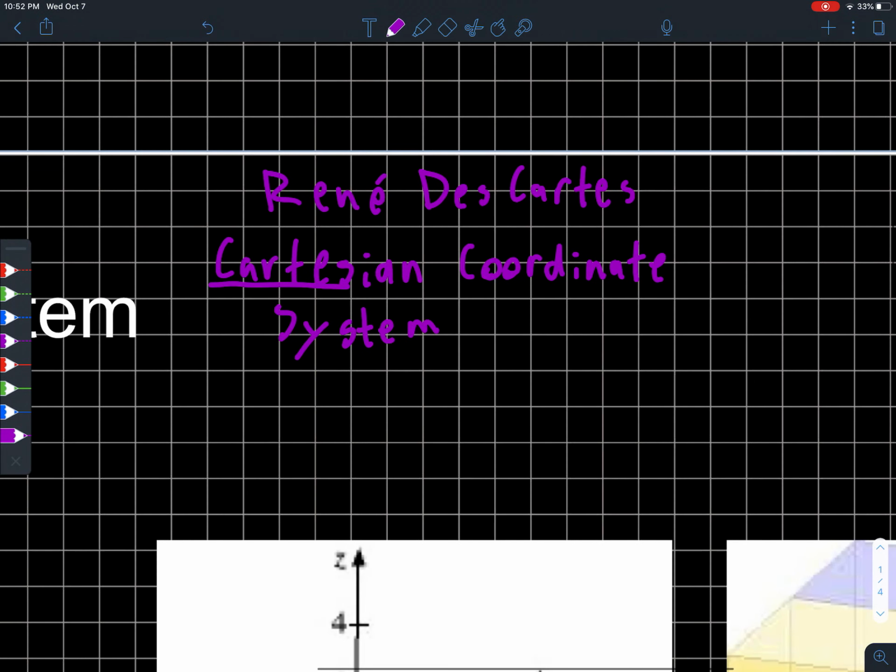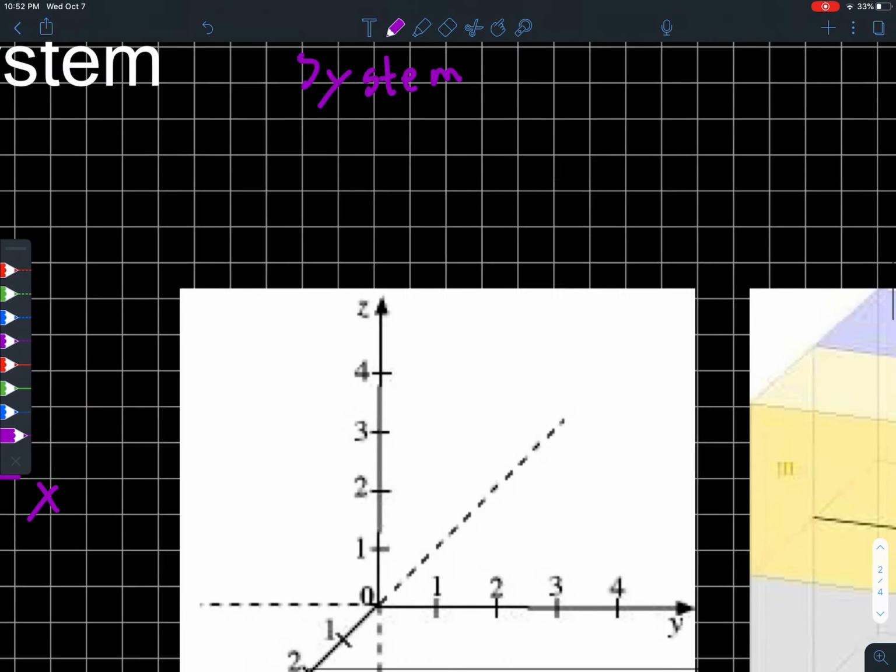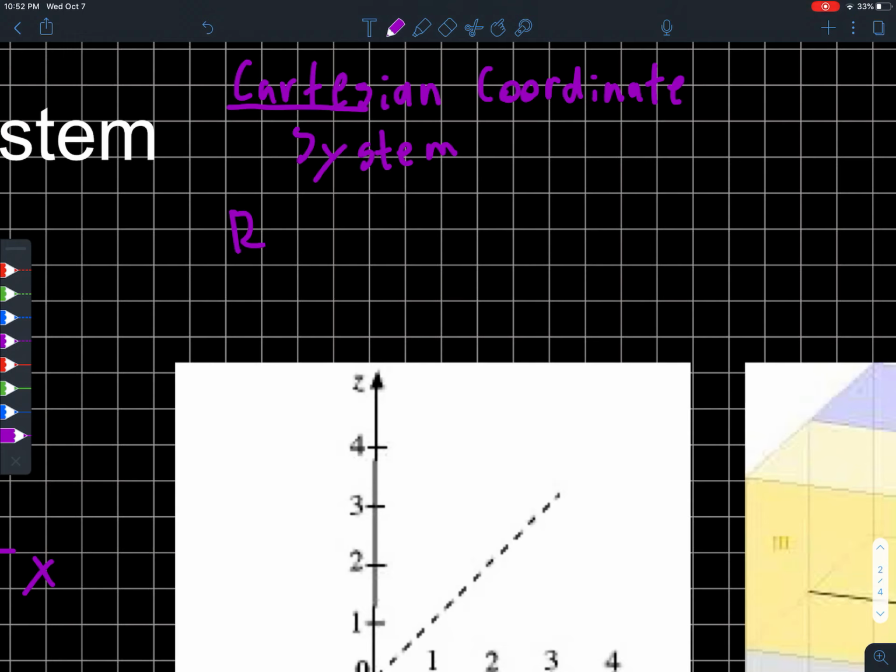Didn't think of him as a mathematician. Neither did I. I'm not entirely sure why he came up with this thing, but he did. This is the Cartesian coordinate system. It is also called the rectangular coordinate system.